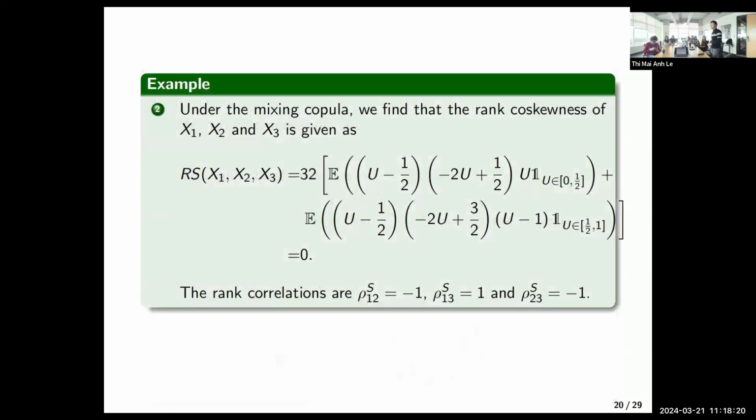Then, under the mixing copula, the rank coskewness is easily computed. It is equal to 0. But the rank correlations are -1, 1, and -1, respectively.